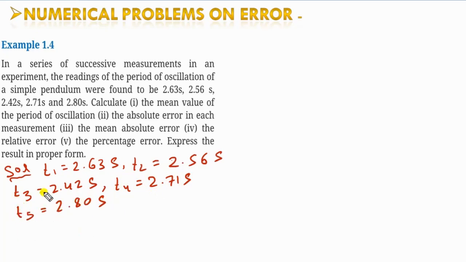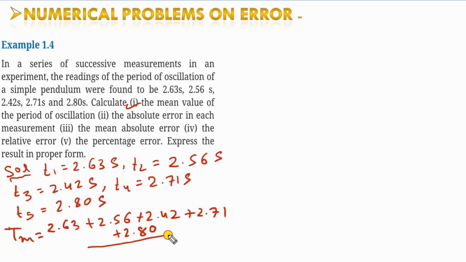Let's answer the first question, that is the mean value of the period of oscillation. Let's say the mean value of the period of oscillation is Tm, then Tm would be equal to T1 plus T2 plus T3 plus T4 plus T5 upon 5. That would be 2.63 plus 2.56 plus 2.42 plus 2.71 plus 2.80 upon 5.